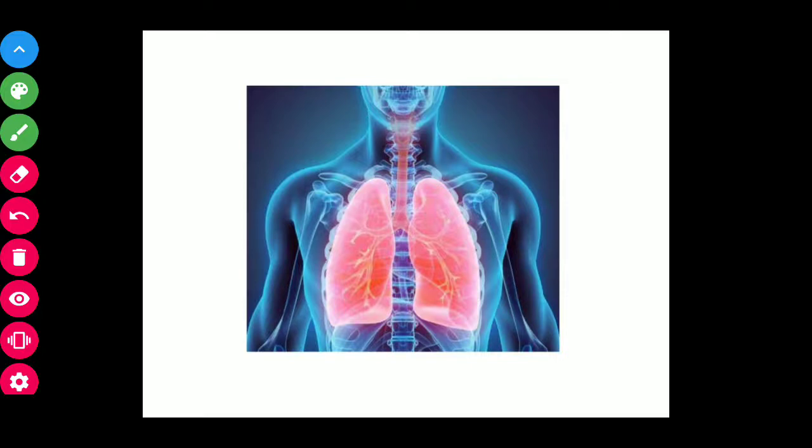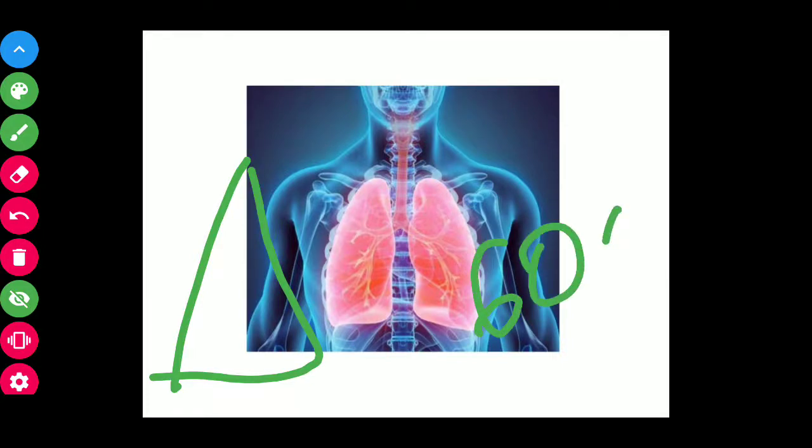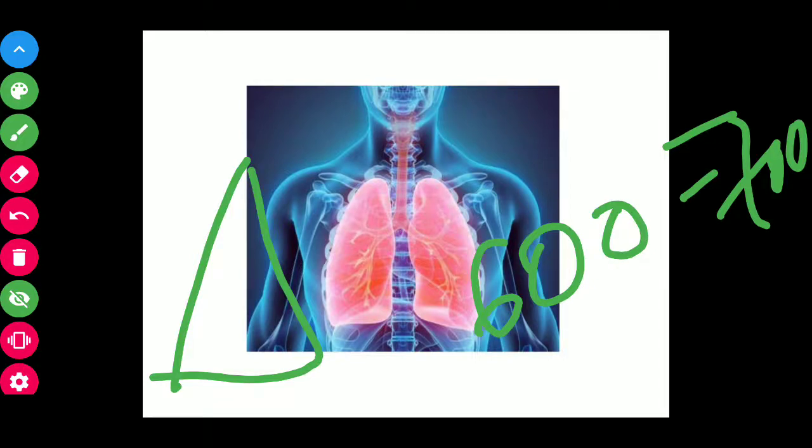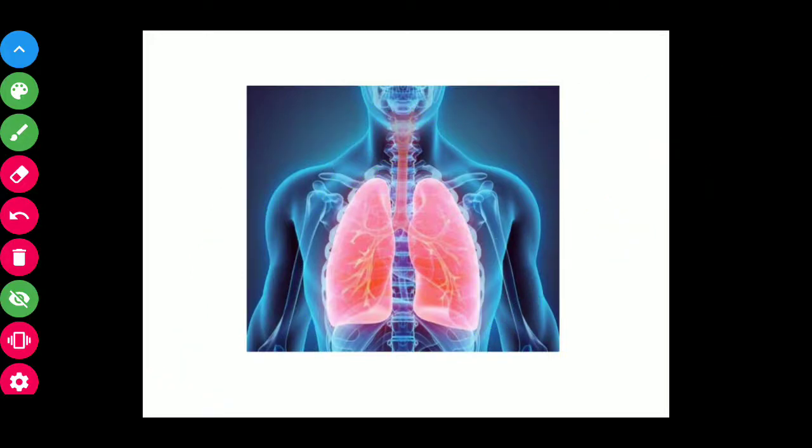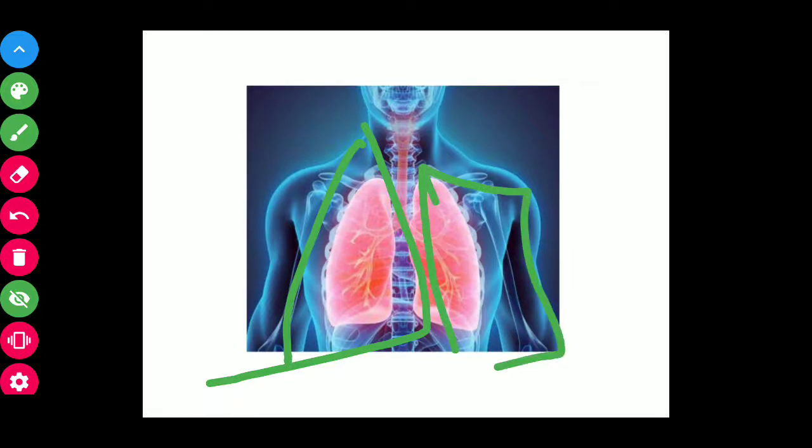Let's discuss the lungs. There are two lungs, one lying on each side, as you can see in the picture. The shape is conical, the weight is 600 to 700 grams, and the length is 20 to 24 centimeters. The color is pinkish. There are 3 lobes in the right lung and 2 lobes in the left lung.